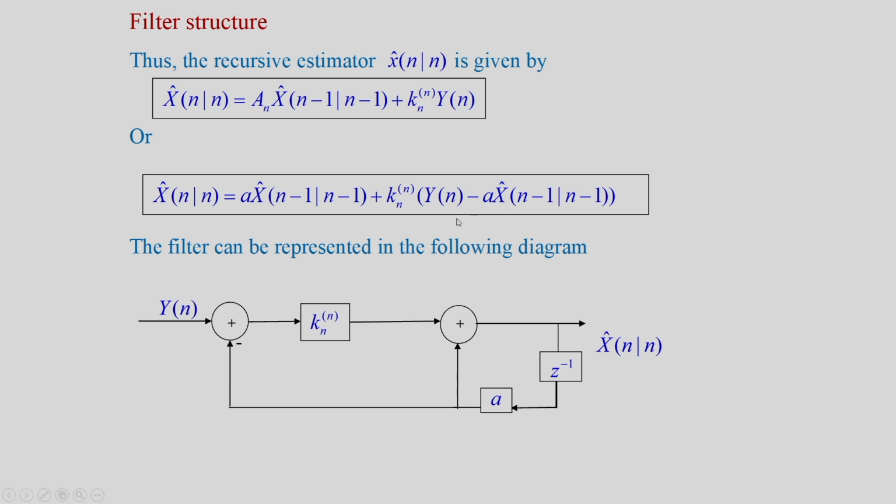So, that way we have this structure. Suppose this is my filter output here, and this is y_n.